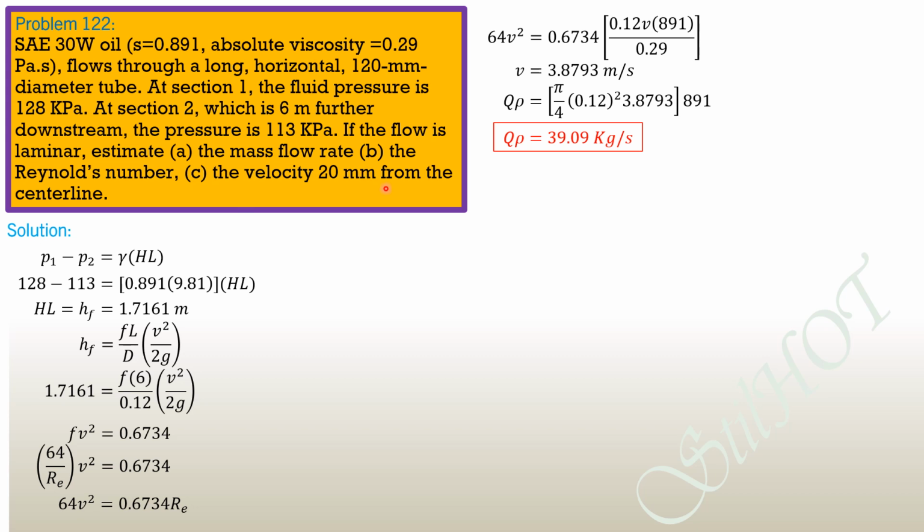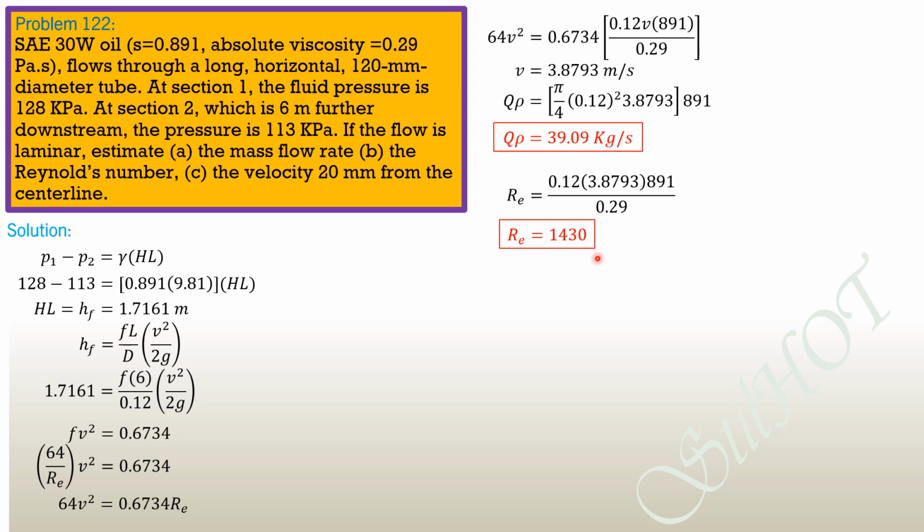Then the Reynolds number is 0.12 times 3.8793 times 891 over 0.29. So the Reynolds number is equal to 1430, which verifies that the flow is really laminar because this is less than 2000.